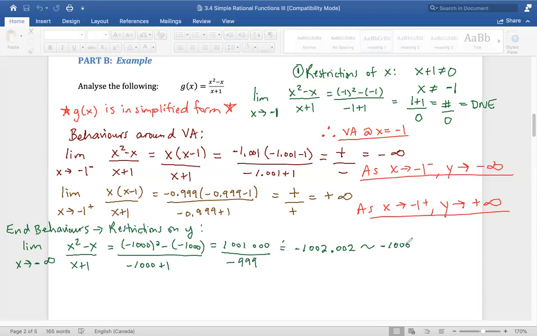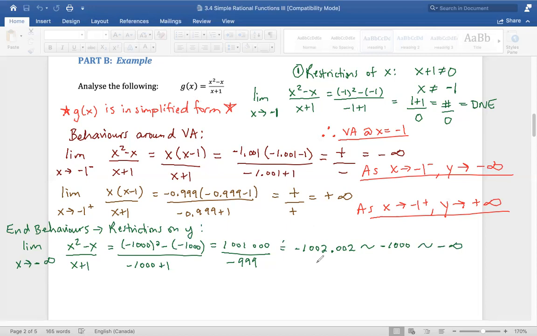So just think here, when I plug in a value of -1,000, I'm hovering around a value of -1,000. But that was supposed to represent approaching negative infinity. So therefore I'm approaching negative infinity.